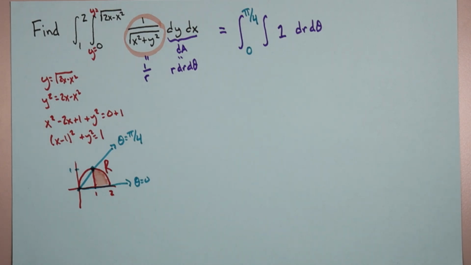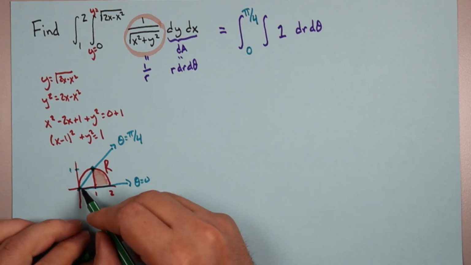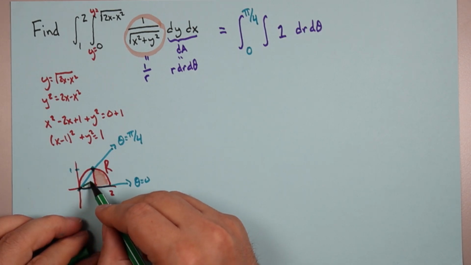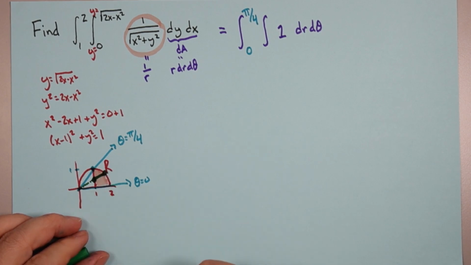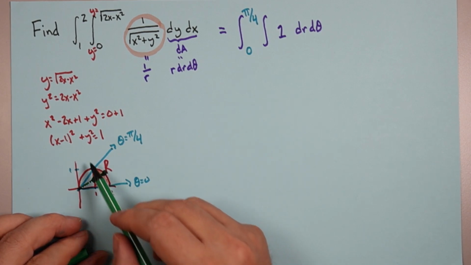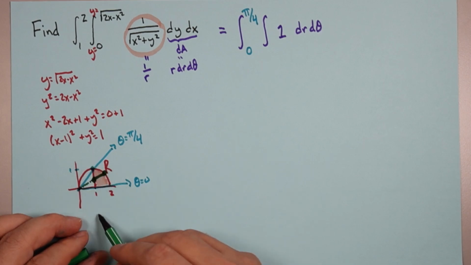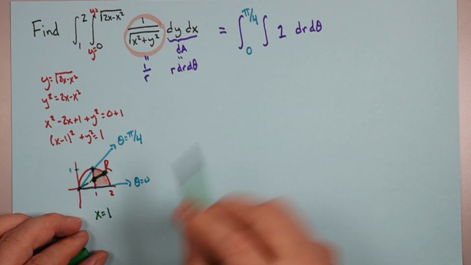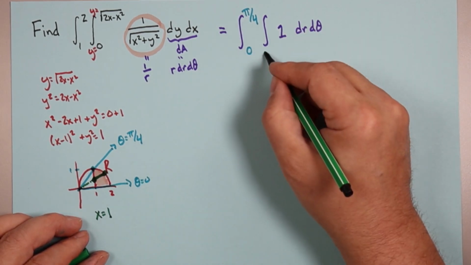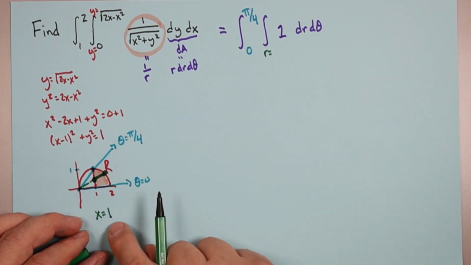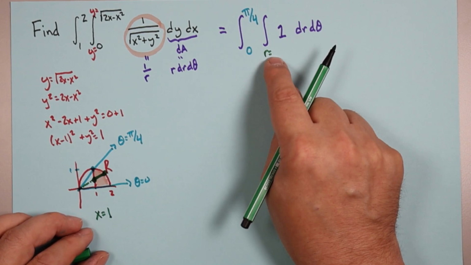Okay, so for the r bounds, what do we do? Well, we always come from the center, and we just move out till we hit where we start, and we move to hit where we end. So we start at this line x equals 1. So do you put in 1? No, because remember, this is an r bound. So we've got to rewrite x equals 1 as r equals something.